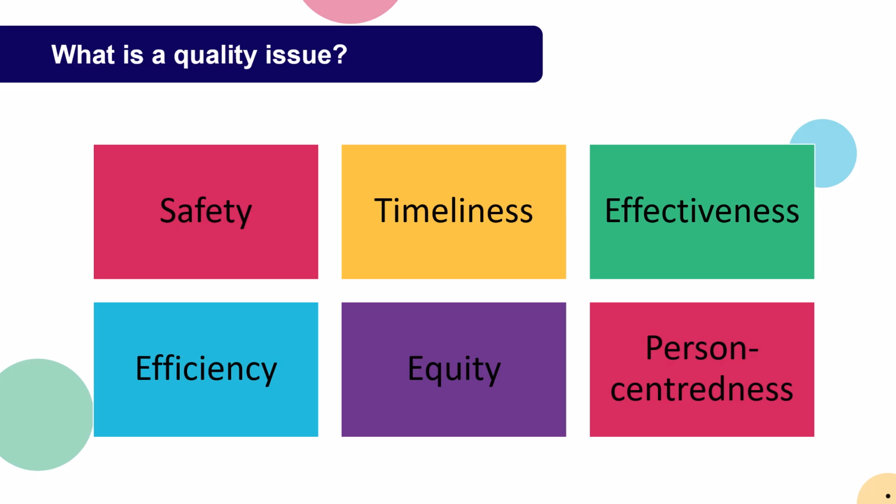Quality issues can occur in various areas, including clinical practice, patient experience, and operational processes. Some examples of quality issues might include duplication or inefficient processes, long patient waits, negative patient feedback, staff shortages, issues accessing services, and many more.